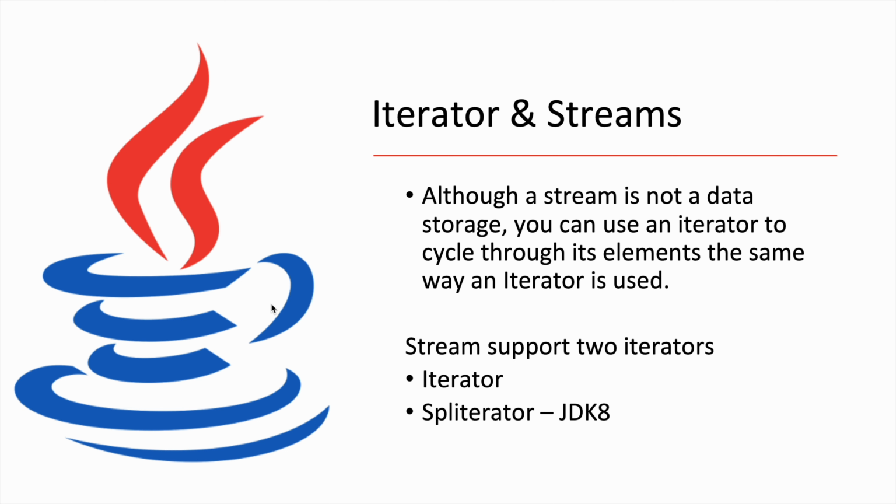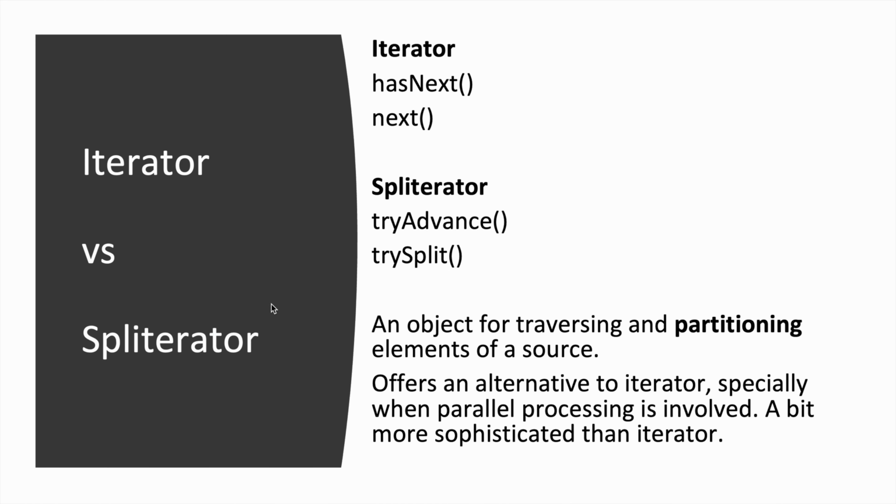Then we have iterators with streams. Although a stream is not a data storage, you can use an iterator to cycle through its elements the same way an iterator is used with collections. The stream supports two iterators, the Iterator and the Spliterator. The Spliterator was added in JDK 8.